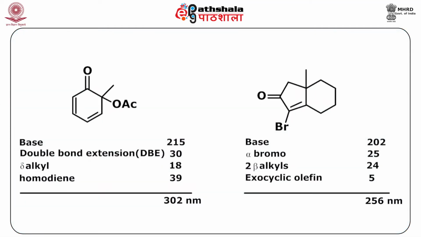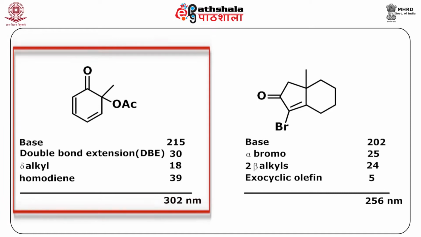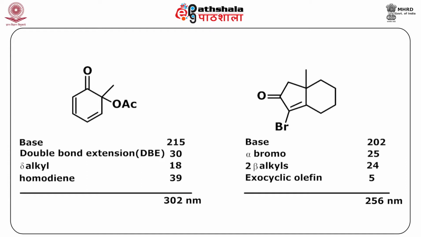As we can see here, the base value of the given organic compound is to be taken as 215 nanometers. This is taken as a base value for the alpha beta unsaturated carbonyl groups. The compound shows an extended double bond, therefore the double bond extension of the 30 nanometer value is added into the base value.